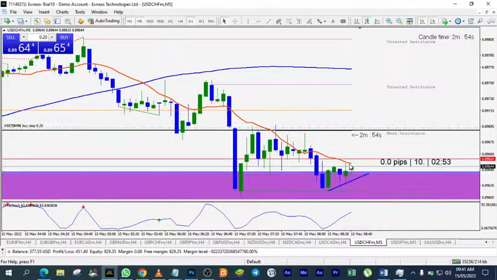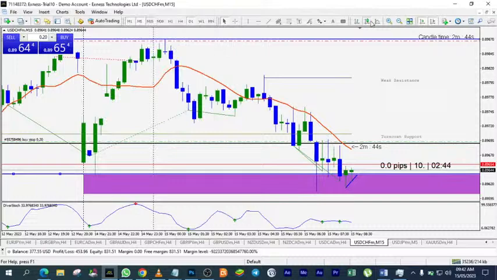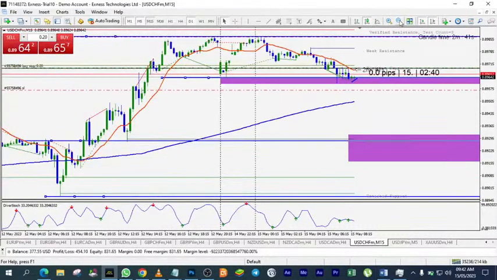To be honest, I feel like even taking this trade right now. Let me look at it critically. I see this first level here. What else can I find?